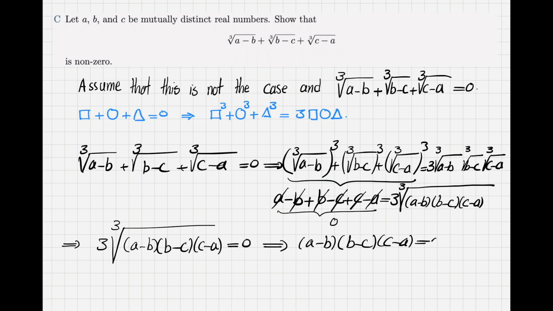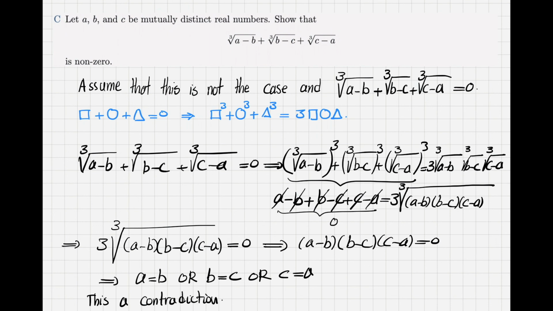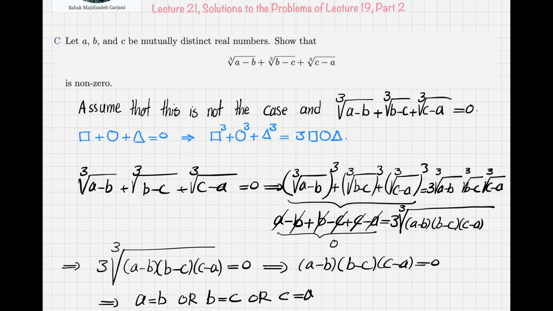Okay, and now because the product of 3 numbers is equal to 0, this implies that either the first one is 0, which means a is equal to b, or the second one is 0, which means b is equal to c, or the last one is equal to 0, which means that c is equal to a. But this is a contradiction. Yes, because it was mentioned that these 3 numbers are mutually distinct real numbers.